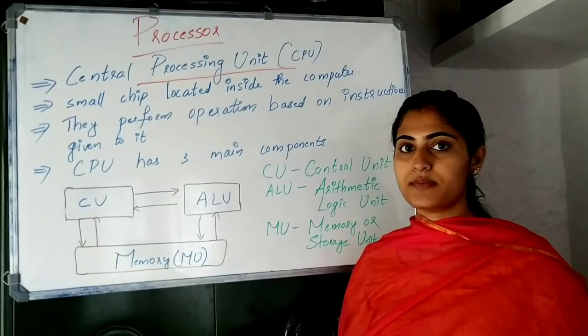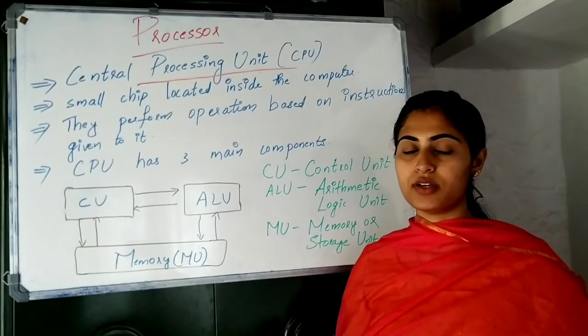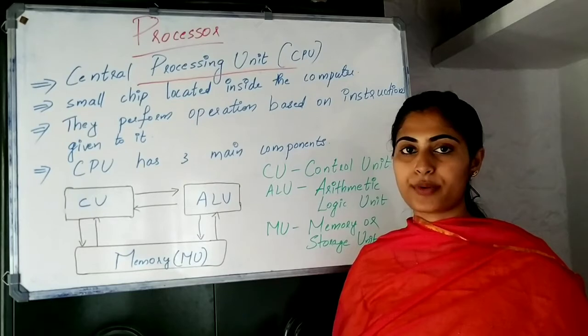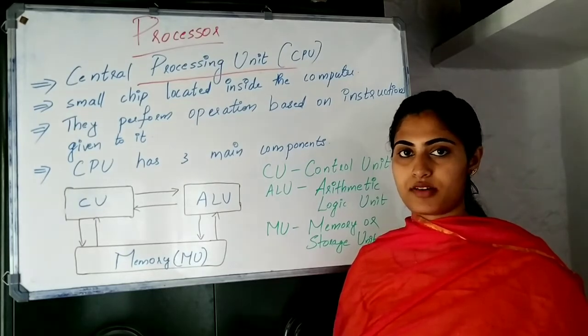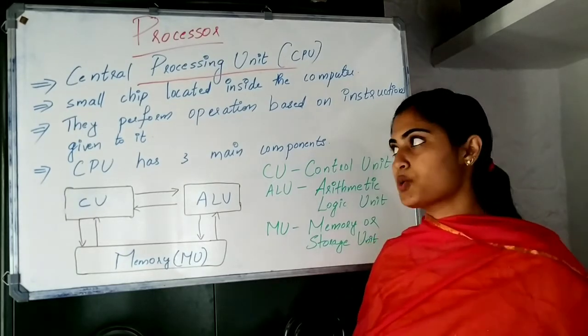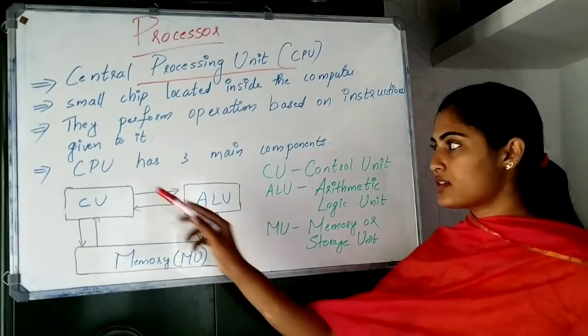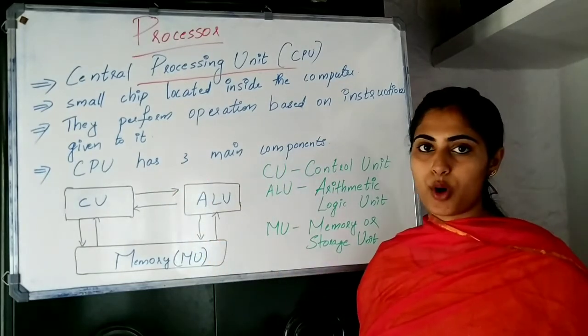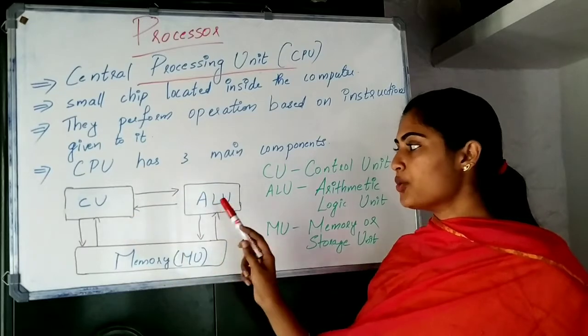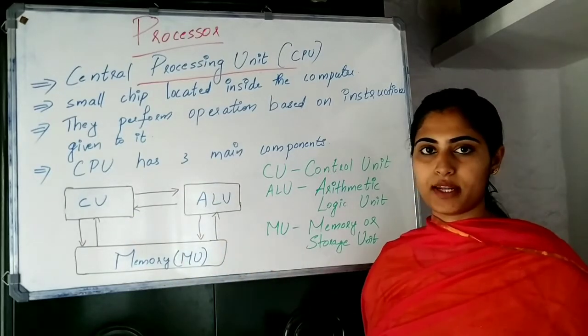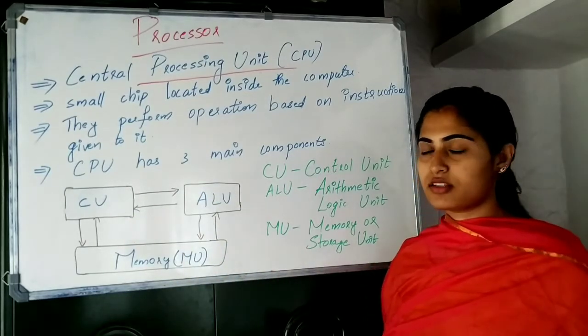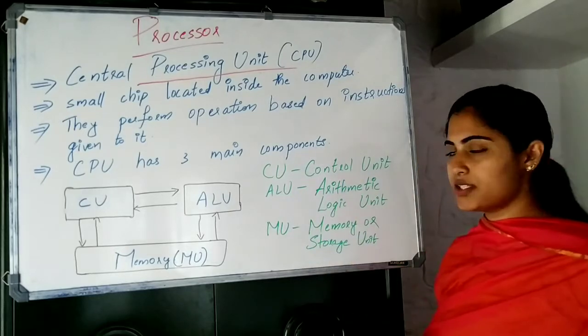So CPU or processor is a small chip present inside the computer that performs operations based on the instructions given by the users. And CPU has three components: CU, ALU and memory. CU full form is control unit.